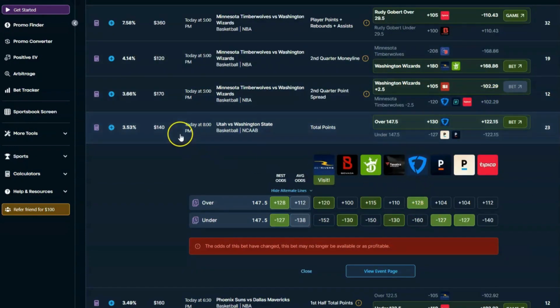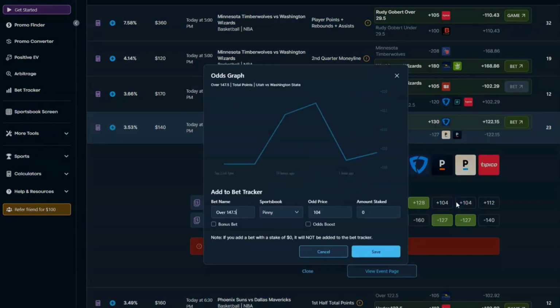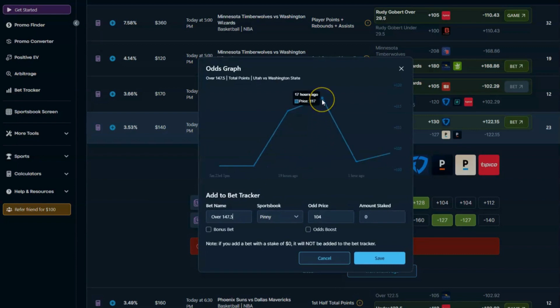Now, you certainly don't have to follow the recommended bet size. This is based on a $5,000 budget on this particular wager with a 3.53% edge. It's recommending that, but you don't have to stick to that number. If you feel like the confidence level is a little bit lower, you certainly can adjust. And when you look at some of the charts and data relative to the market movement, you can make some decisions on which way the market is going.